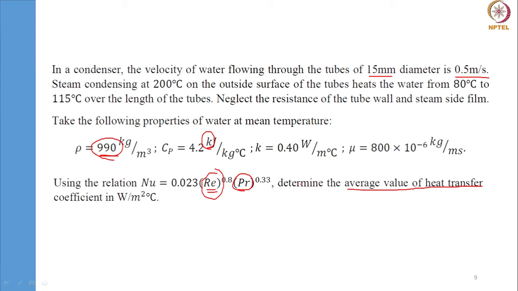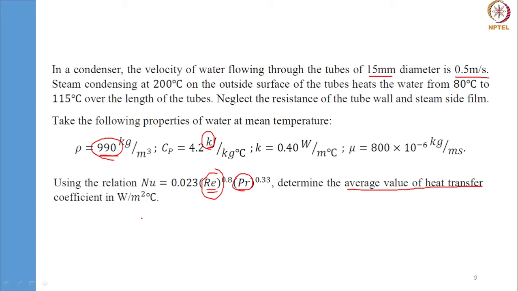Prandtl number is 8.4. Once you take care of the unit, the 10 power minus 3 term fades away. So Prandtl number is mu Cp by K. Mu is known. Cp is in kilojoule per kg Kelvin, so it is 4.2 into 10 cube joule per kg Kelvin. That's what we need to substitute. And K is also given, 0.4 watt per meter Kelvin. So once you plug these values, you find that the Prandtl number is 8.4.